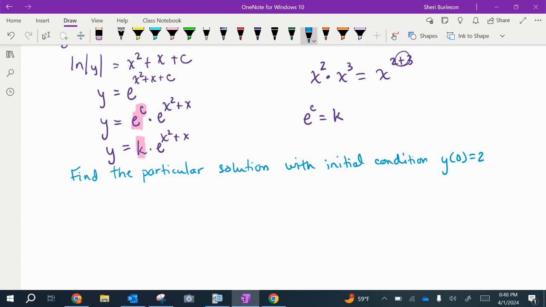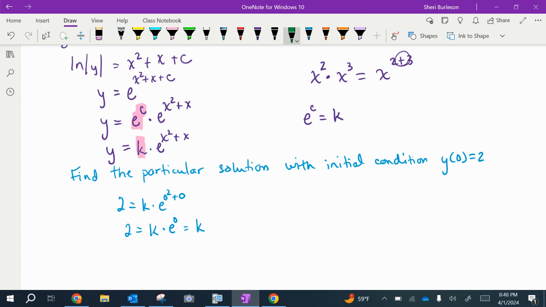So if you want to try that, pause the video and go ahead and try to solve for k. So when I plug in my y value of 2 equals k times e to the 0 squared plus 0, I get 2 equals k times e to the 0, and e to the 0 is just 1, so k times 1 is just k, which means our constant is 2.